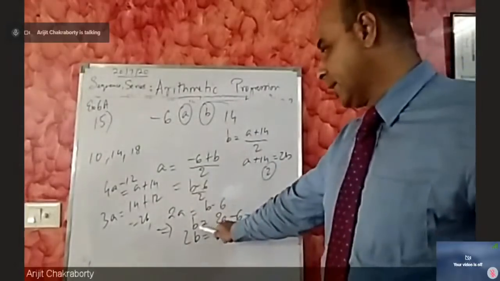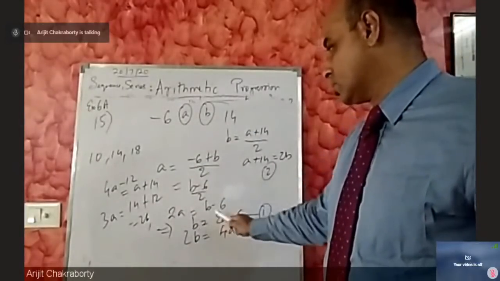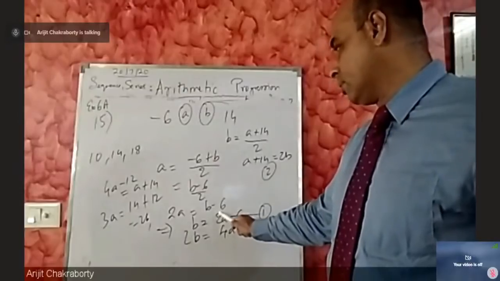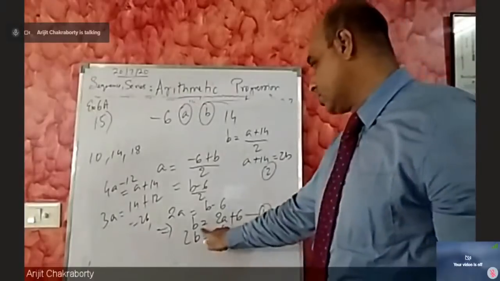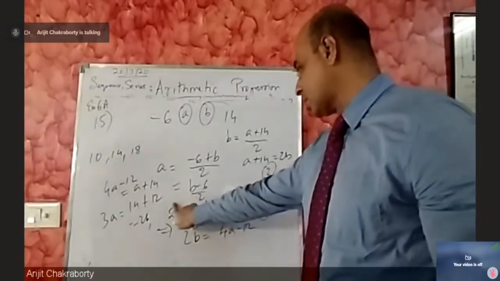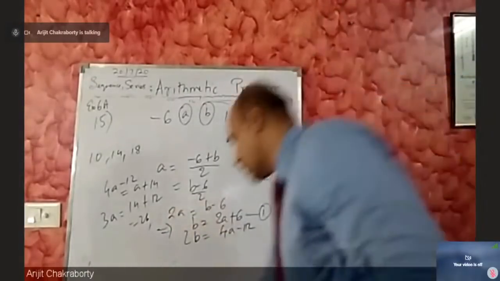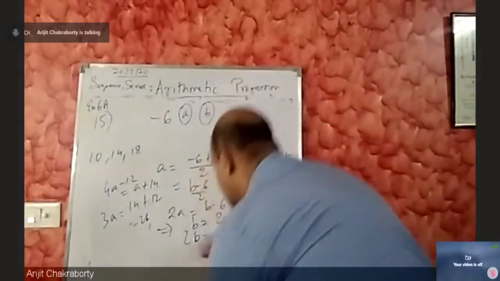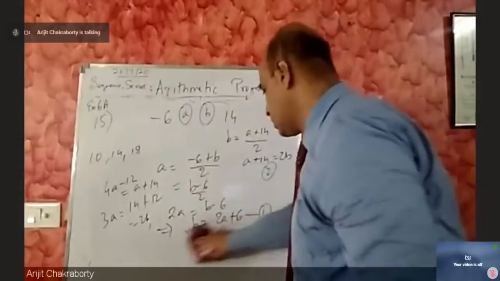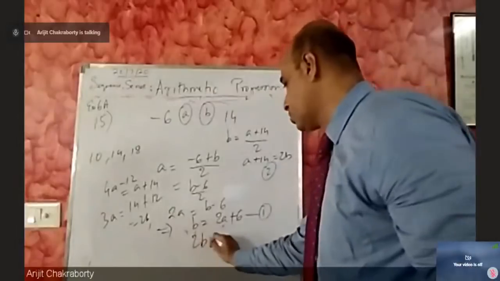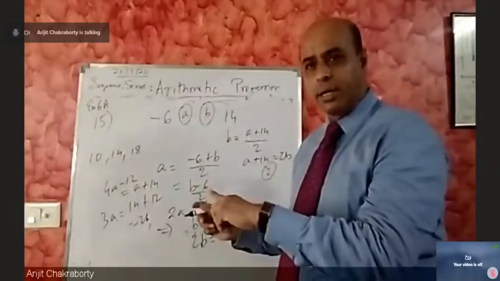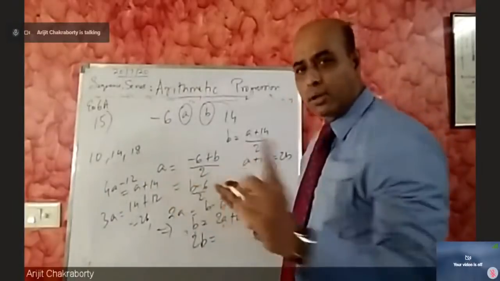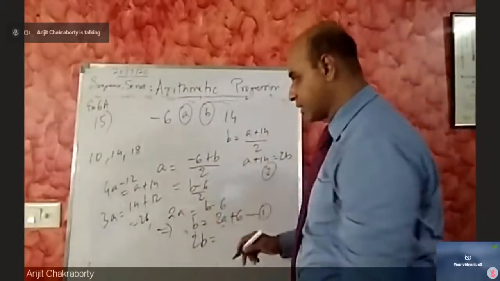So from here we are getting B equal to 2A. No, this will be B is equal to 2A plus 6. Yes, just fine. B equal to 2A plus 6. And therefore this one will be 2B. 2B will be equal to, just check, during this the sign changes and when you shift from left to the right, a lot of errors can come. So let's see once again the equation.